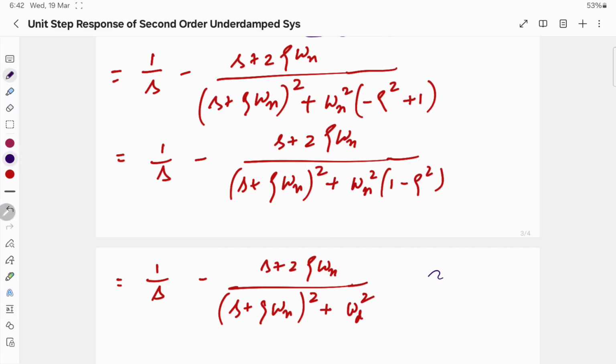Please note, omega d is the damped frequency of oscillation. In the last video we have written omega d is nothing but omega n square root of 1 minus zeta square. So omega d square, right?